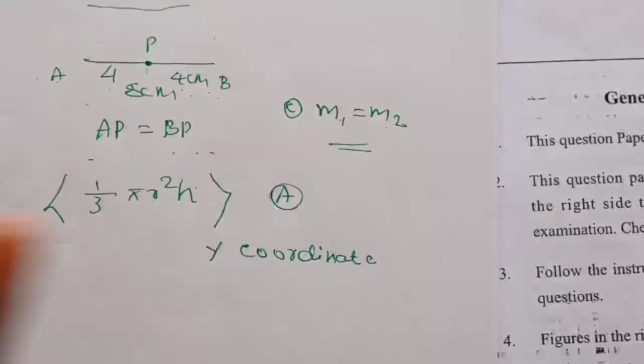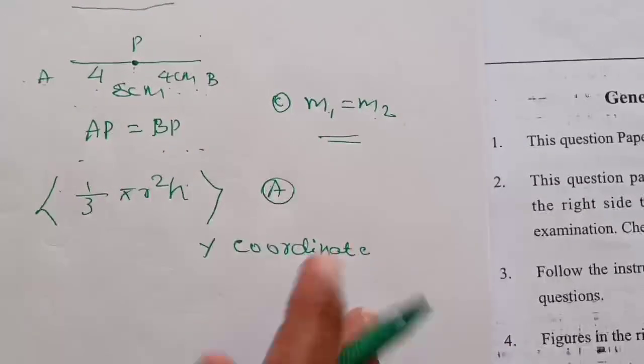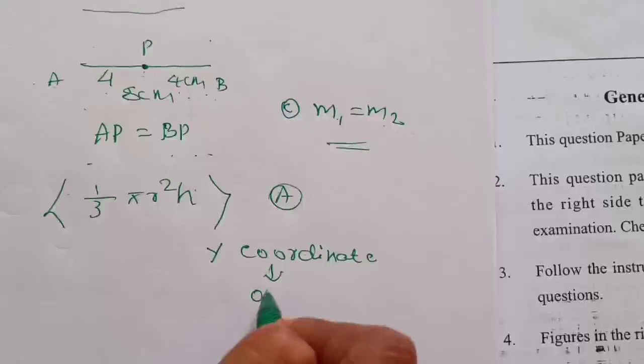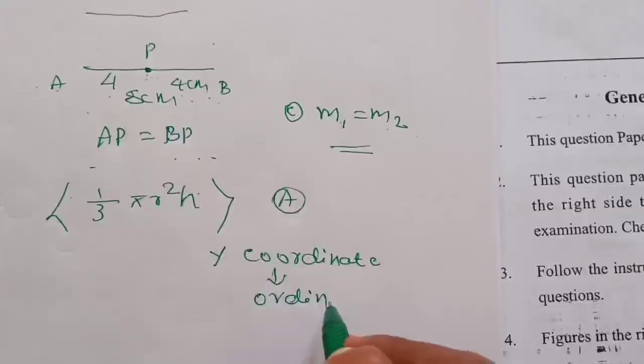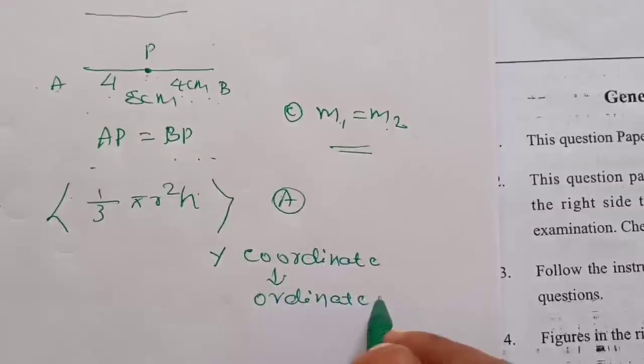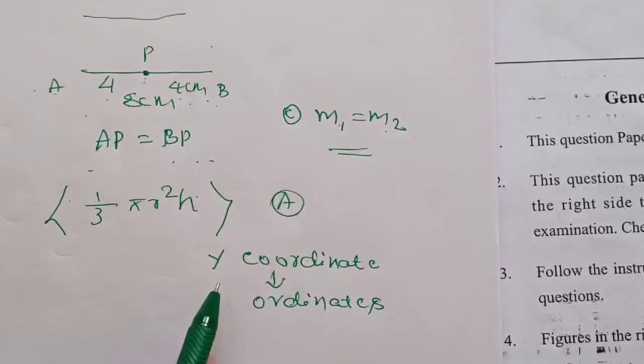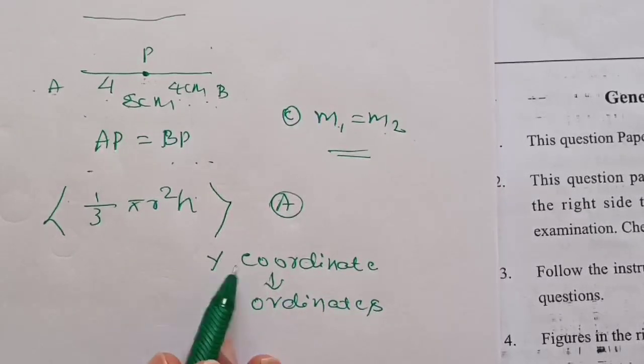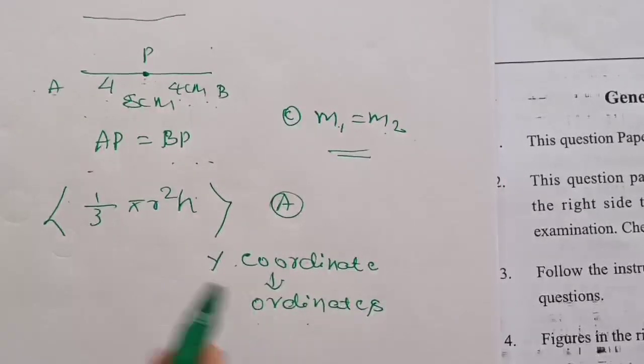The distance from the x-axis is known as y coordinate as well as ordinate. Okay. So the distance from the x-axis is called as y coordinate as well as ordinate. The distance from the y-axis is called as x coordinate, and the other name is called as abscissa.